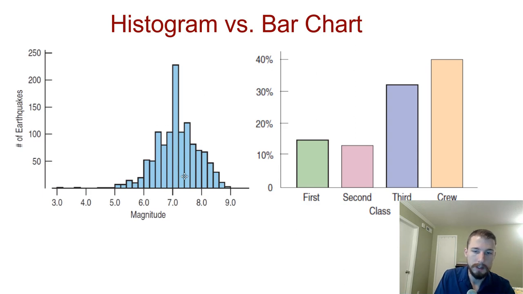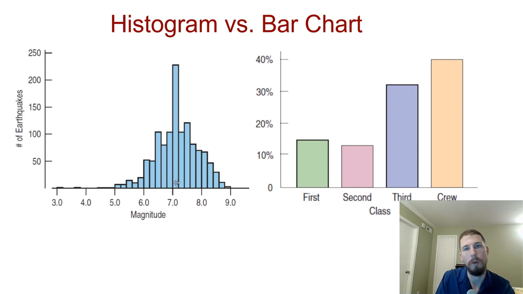What ends up happening with the histogram is we take our quantitative data and break it down into certain bins, kind of like a category, where we're just saying it's a range of values. So from here we can read that the most common size earthquakes are going to be anywhere from a 7 to a 7 point... well, I don't know.